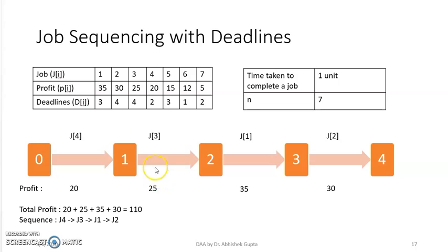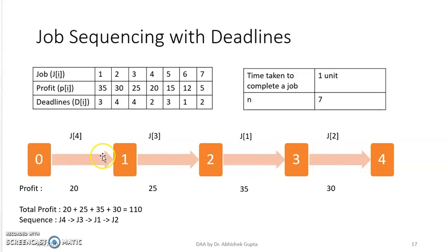Again, the fourth job has a profit of 20, but the deadline is 2. So we will try to allocate it into the second slot, but job J3 is already allocated there, so we cannot allot the fourth job in the second slot. That's why we will allot this fourth job into the first slot.